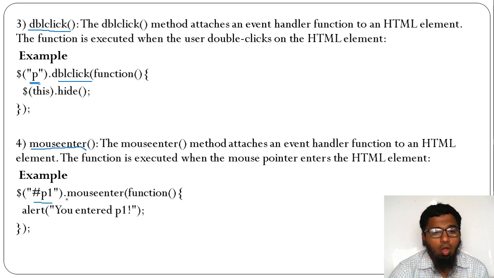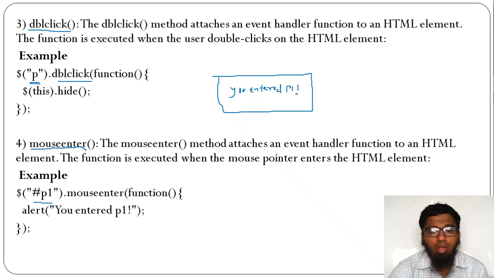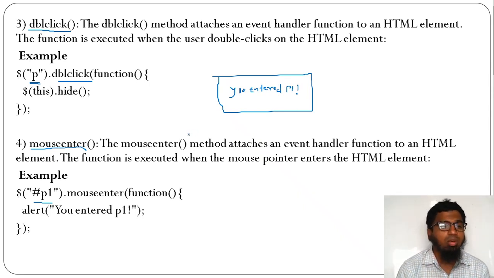This ID dot mouse enter function, you will get the alert box: alert, you entered P1. You will get an alert box like this, it will appear on your main screen. So this is mouse enter, you will get the alert box.